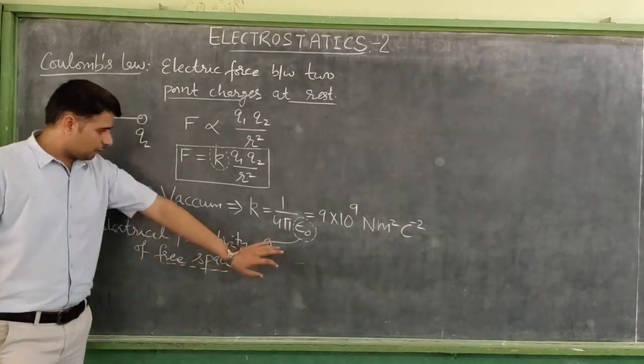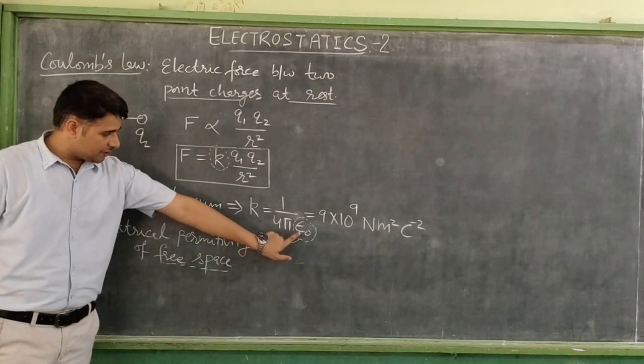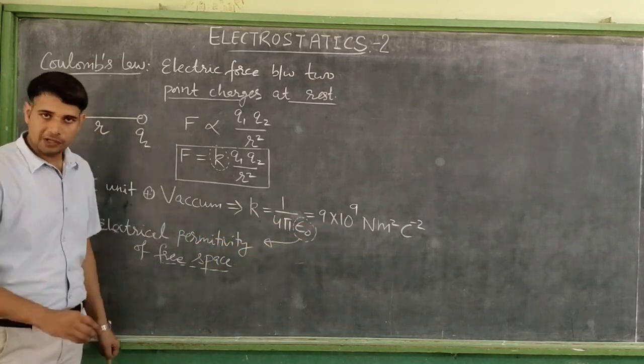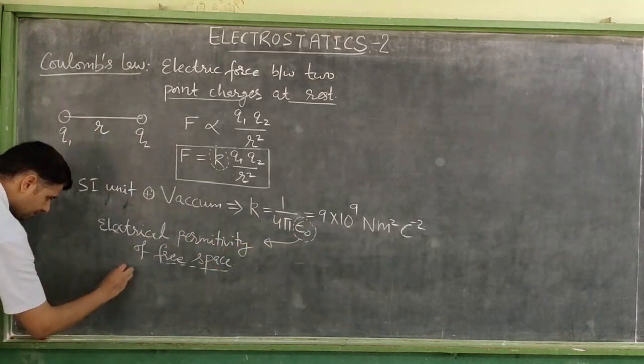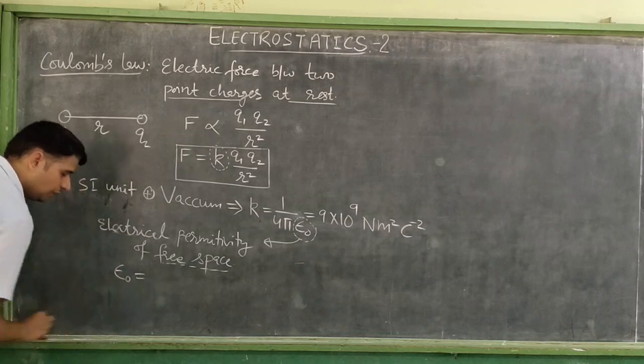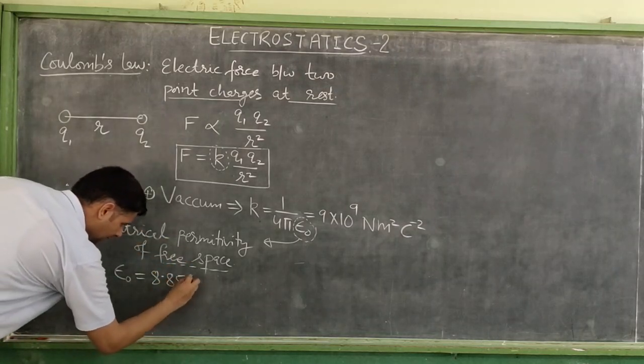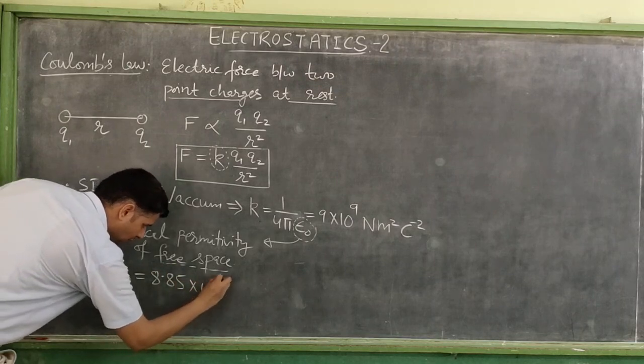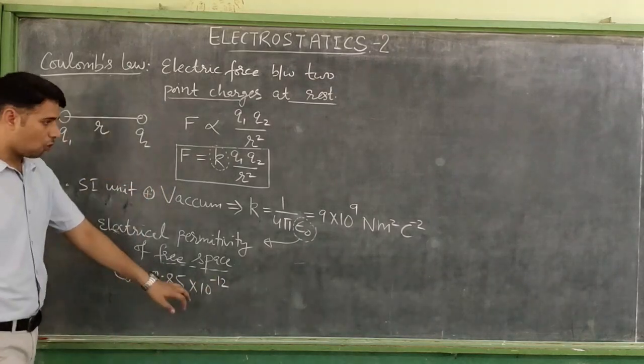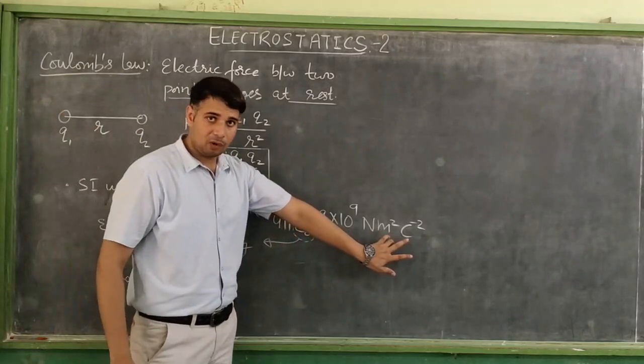Now, if we talk about the numerical value of this electrical permittivity in free space, you can remember this: epsilon naught is numerically 8.85 into 10 to the power minus 12. If we talk about the units, this is an important thing.